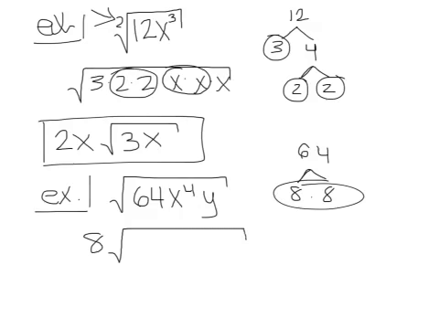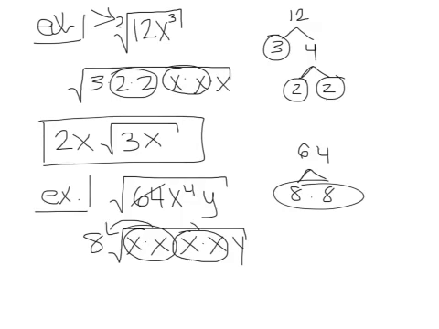Inside my radical, we took care of the 64, remains x times x times x times x times y. Here, I have x listed twice, so I know I'm going to be pulling one x out from there. Here, I have another x listed twice, so I'm going to be pulling out another x. y does not have another partner, so we're going to leave that under the radical.